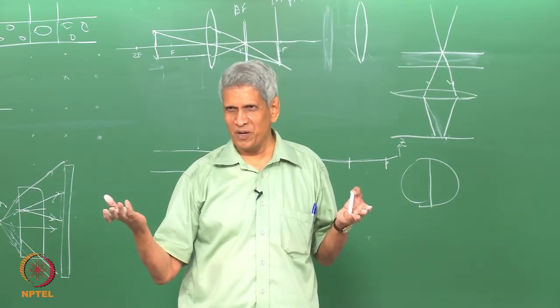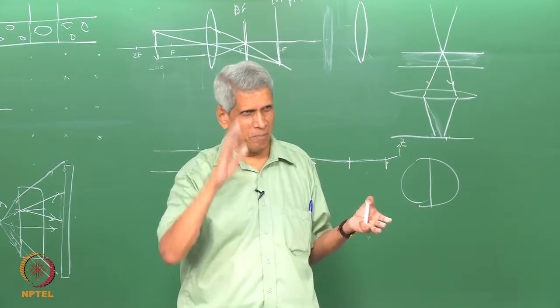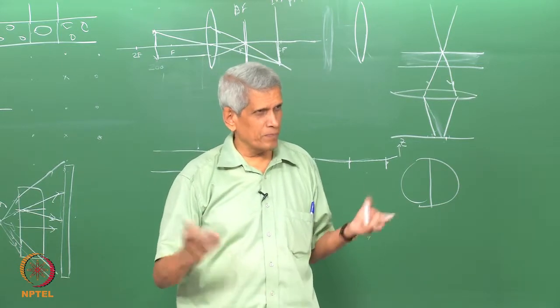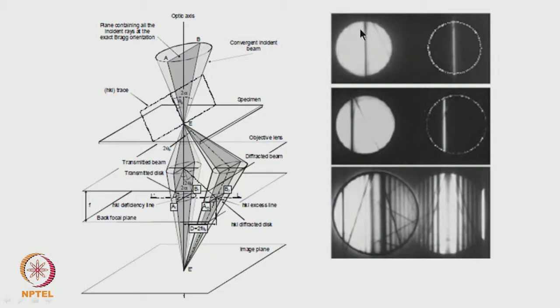Kikuchi diffraction also, this is what you consider, no? Divergent beam which falls, only a plane satisfies the Bragg condition. You look at this one, it is a two beam condition because there is only one plane which is giving rise to this. This is the transmitted beam, almost uniform intensity.